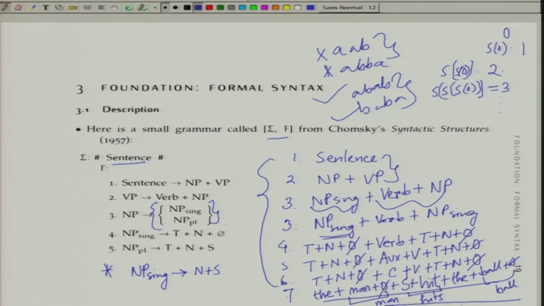In English, it is not allowed to use a count noun in its singular form without any article, like I must have either a or the or some or something like that. Without that, I cannot just say man goes. I have to say a man goes, or the man goes, or some man goes, or all men go, or something like that.